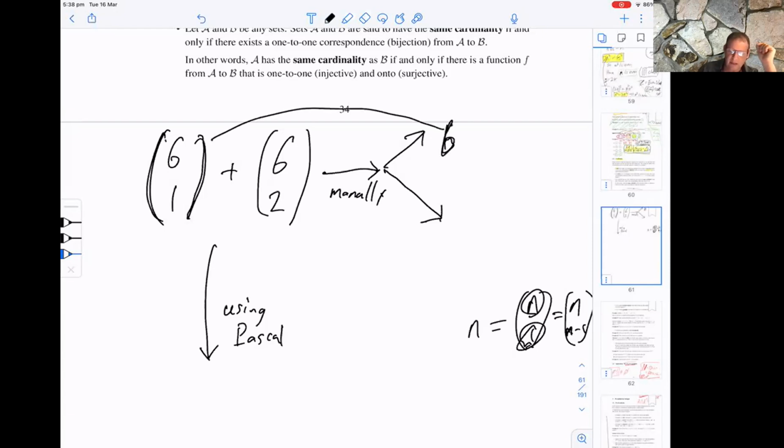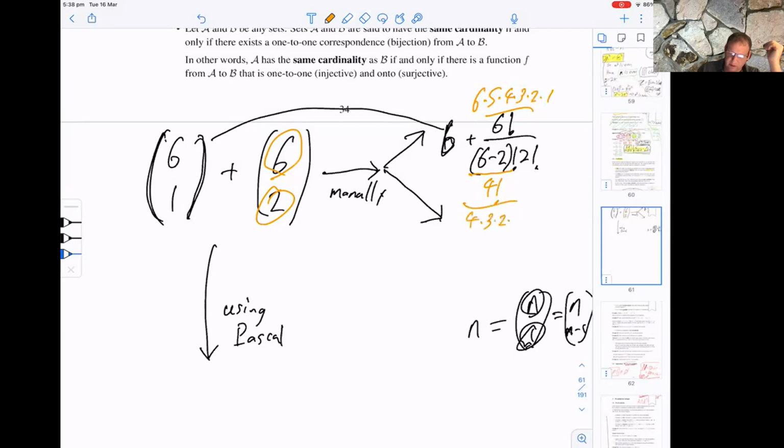6 on 2, we actually need to write. So I'm going to write 6 factorial, and then 6 minus 2 factorial, which is 4 factorial. The thing to keep in mind is that when this number is small or very large in comparison to this, close to the edges, a lot of cancellations are going to happen. 6 factorial is 6 times 5 times 4 times 3 times 2 times 1, and 4 factorial is 4 times 3 times 2 times 1.